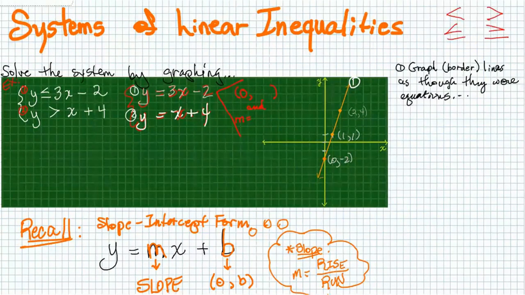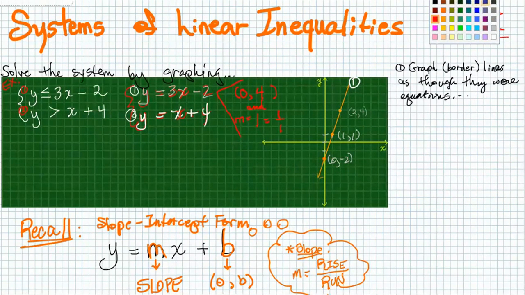So what do we get for our y-intercept? Immediately we should see that we get (0, 4) for a y-intercept. And for our slope, we have 1, or we can say 1 over 1. Rise 1, run 1. So we want to start rising and running from the y-intercept, or whatever point you're given.